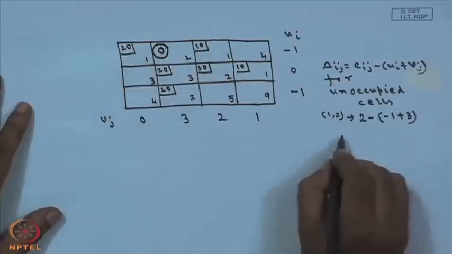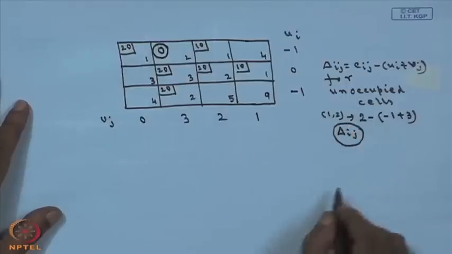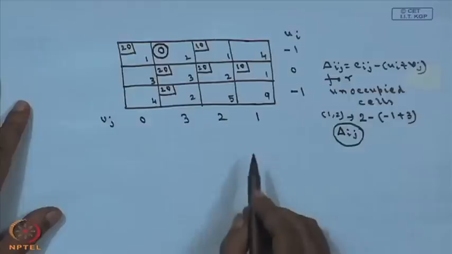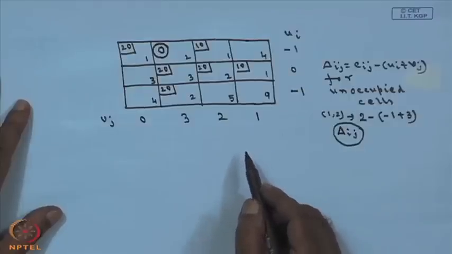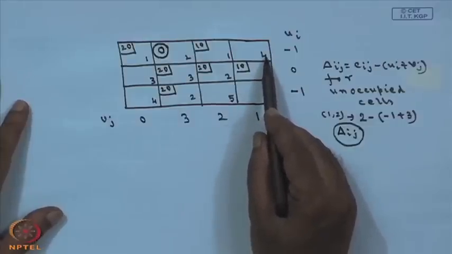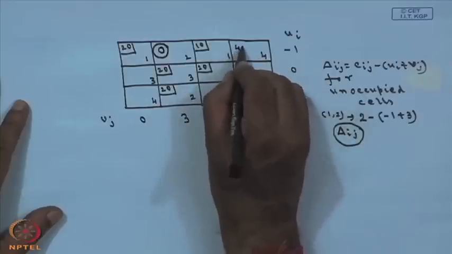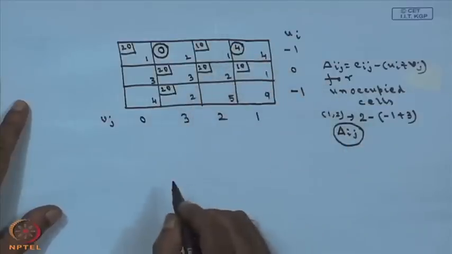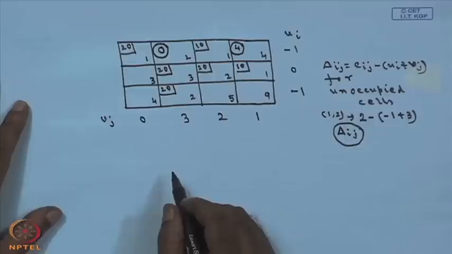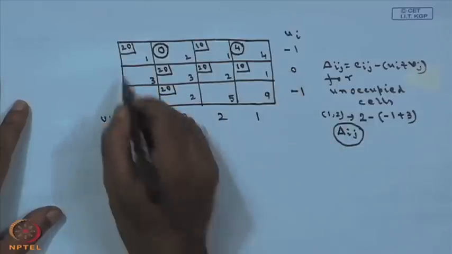So, basically delta ij, this value I am calculating for the unoccupied cells, and within circle I am writing what is the value. Similarly for this one, next one, Cij minus (ui plus vj). So, this is 0. So, the value will be 4. Mechanism is clear, I think. For the next one, Cij minus (ui plus vj), ui and vj both are 0.